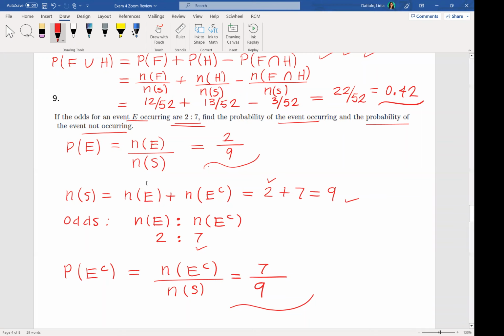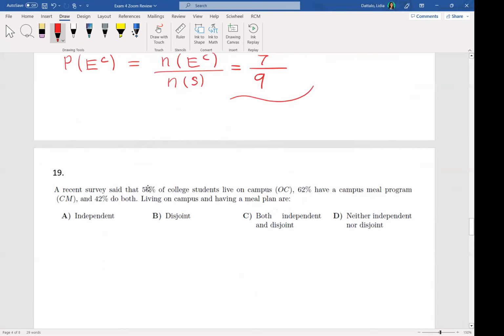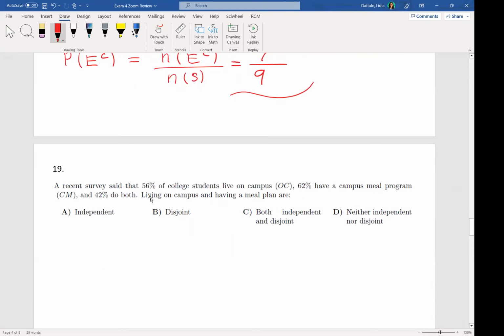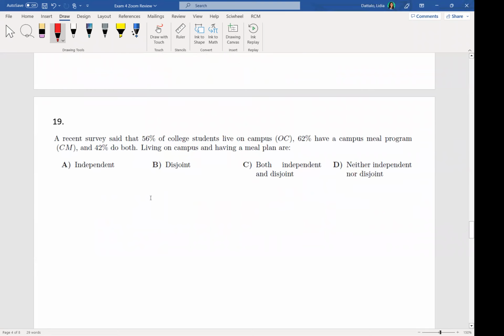All right, moving on. Now let's look at number 19. A recent survey said that 56% of college students live on campus.